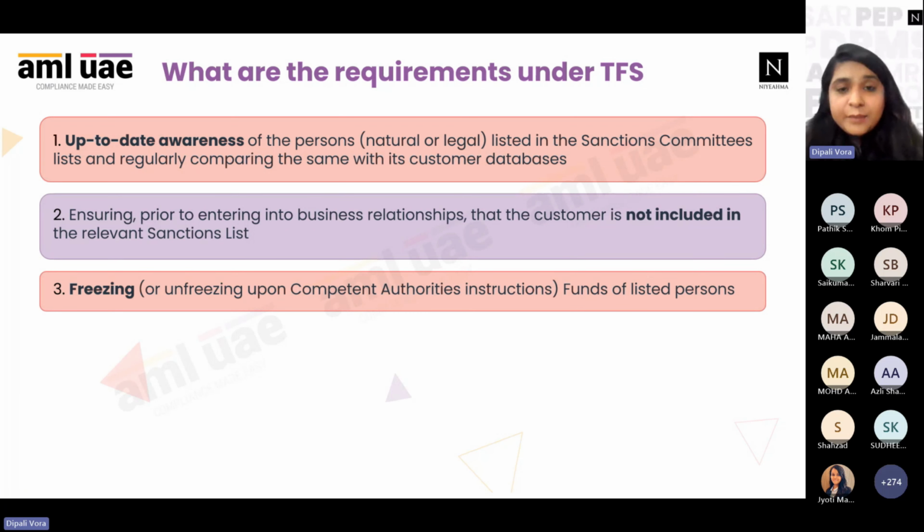That is, say I am your customer since maybe 2 or 3 months. Now, again, there is an update in the UNSC consolidated list or UAE local terrorist list. You have to screen me again to make sure that in your existing customer database, no name is common with the sanction list. So before onboarding the customer, and second, after the onboarding also, if there are any updates in the sanction list, we have to make sure that we are screening them.